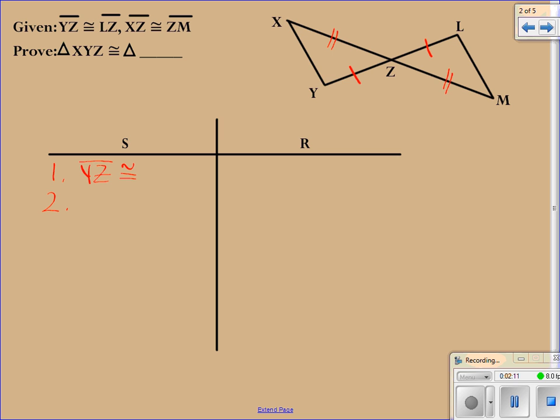Again, everybody should automatically do this on any quiz or test or homework problem where you're writing a proof. Always start with the givens.